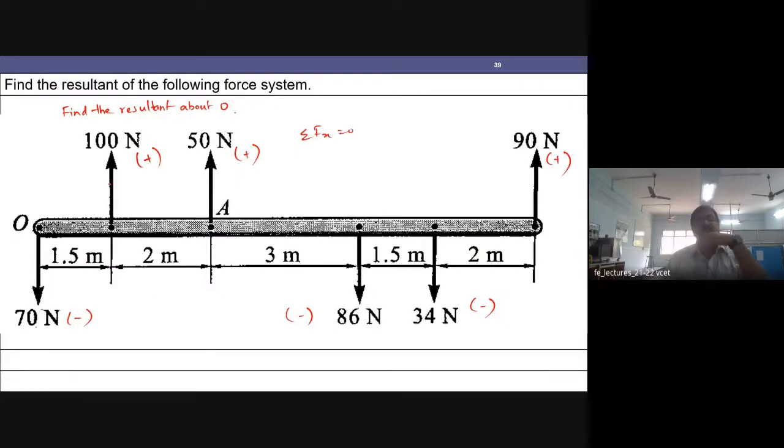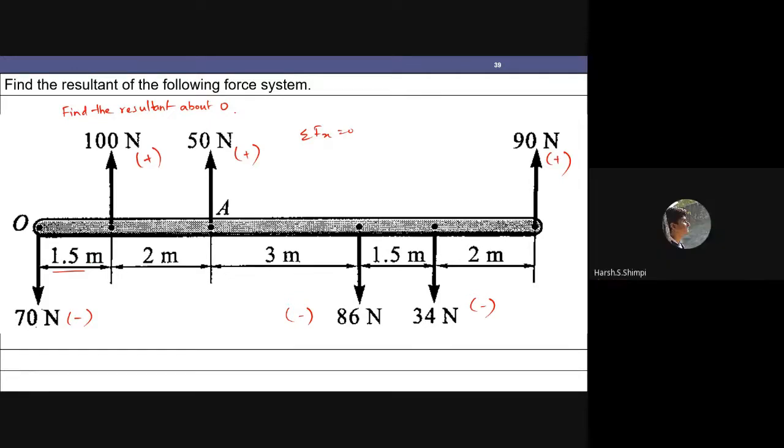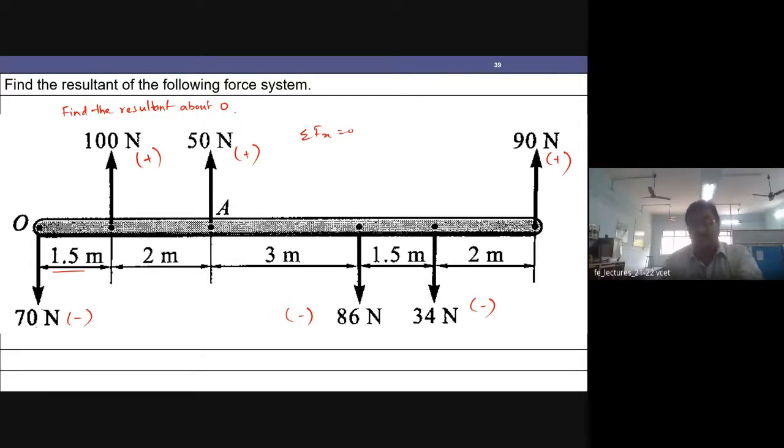Then the first force, 100 Newton, acts at a distance of 1.5 meters, so the moment is 100 into 1.5. Is it clockwise or anti-clockwise? Anti-clockwise, so the effect is positive. Plus 100 into 1.5.